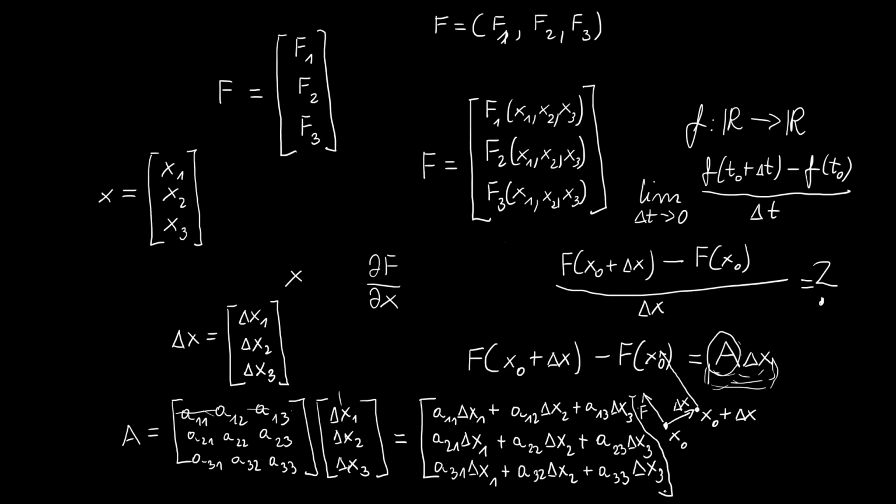So in effect, as a result, we have also a three-dimensional column vector. So now we can approximate our difference with a matrix acting on our shift vector.